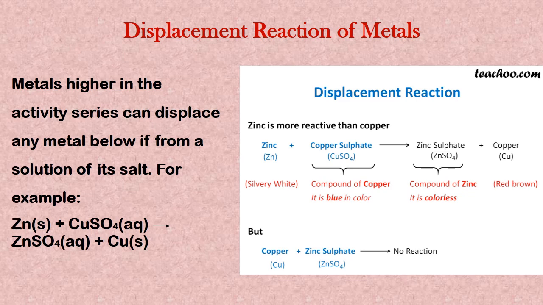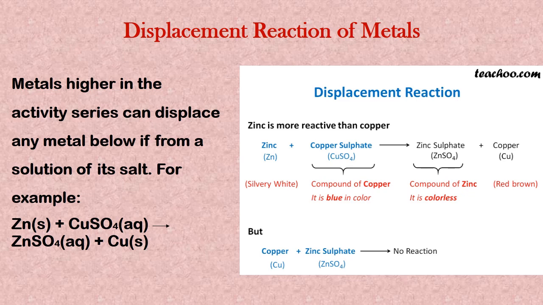Now metals higher in the activity series can displace any metal below it from a solution of its salt. For example, you can see in the diagram that we have here that zinc is more reactive than copper. So zinc as a metal will displace copper from its salt, which is copper sulfate.